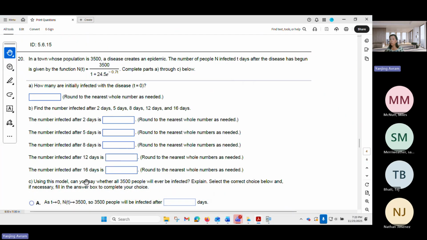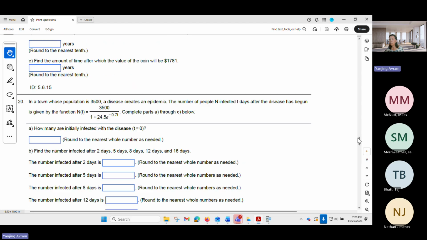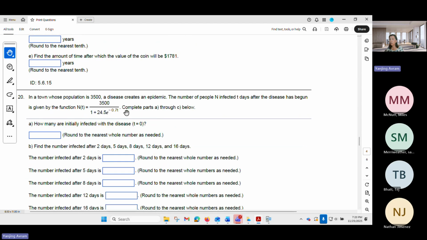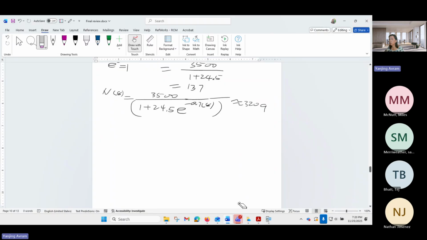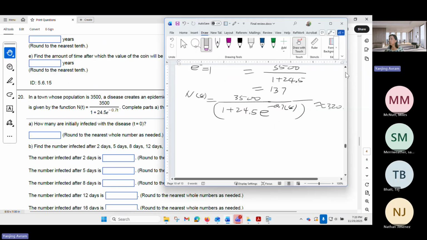Okay, the last question here is using this model, can you say whether all 3,500 people will ever be infected in spring? And then, what does that mean? Okay, so that means when t increases, what happens?